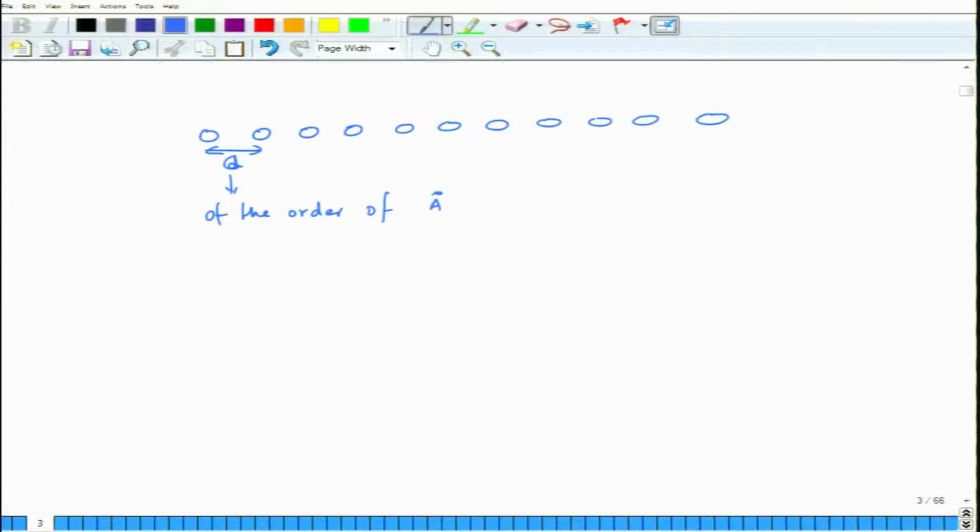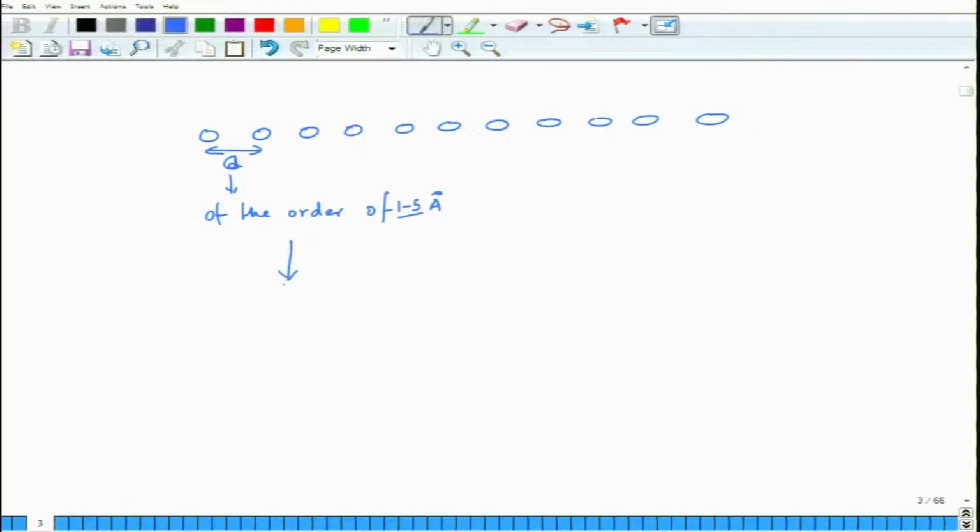So, you cannot get diffraction effects from metals or materials using visible light. Visible light wavelength is far higher. Visible light lies between 300 to 700 or 800 nanometer, right? Whereas the spacing here that we see in case of materials is of the order of few angstroms, let us say 1 to 5 angstrom. So, the question was, what is that radiation? And this happened only when X-rays were discovered.